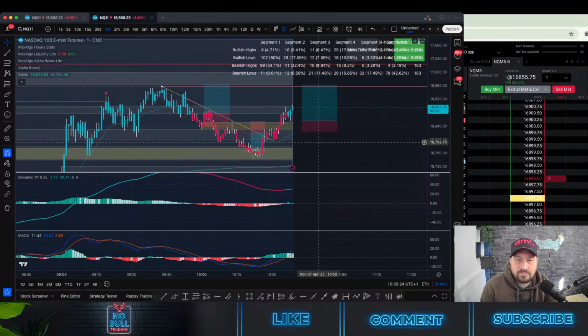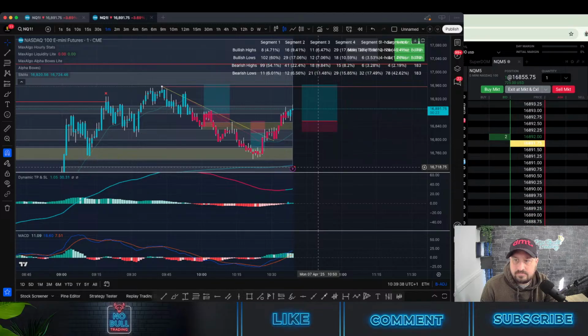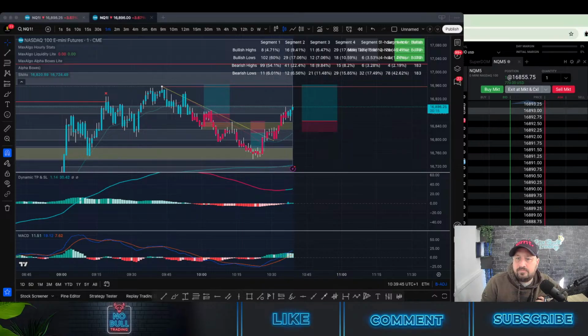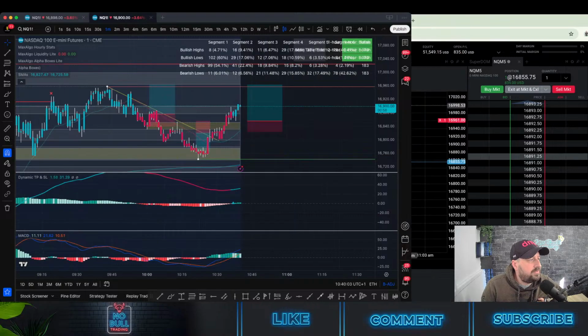I want to see it come up and close above this level. So, what are we on? You can't quite see. We're on 51,600. How can I move that so you can see? There you go. You can see, look, we're on 51,500.